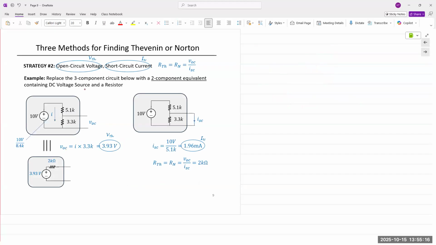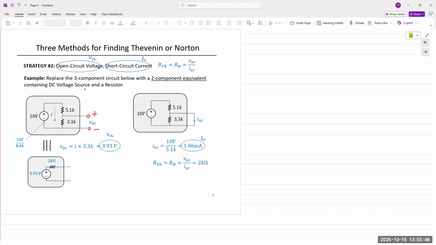So what we do is, if we have a large circuit and we need to find the Thevenin voltage between its terminals, we perform the analysis, keep the terminals open, and calculate the voltage at that open circuit. That open circuit voltage, VOC, is the Thevenin voltage for that particular network.